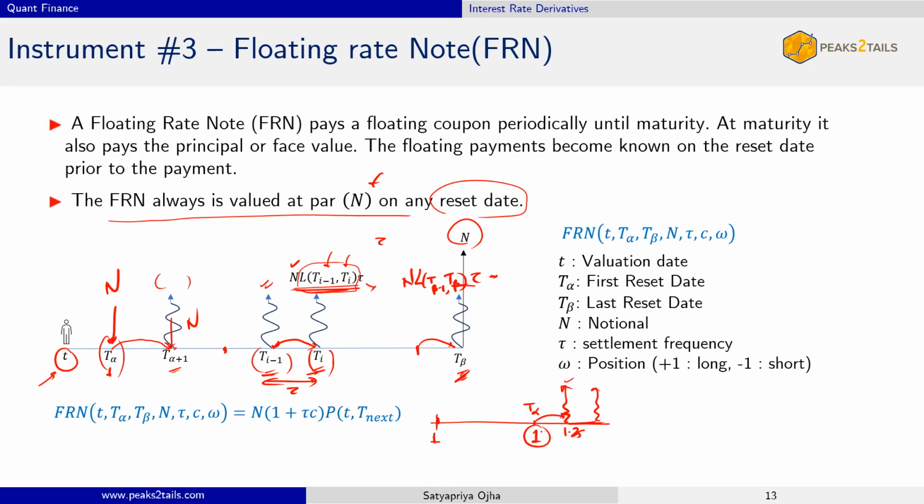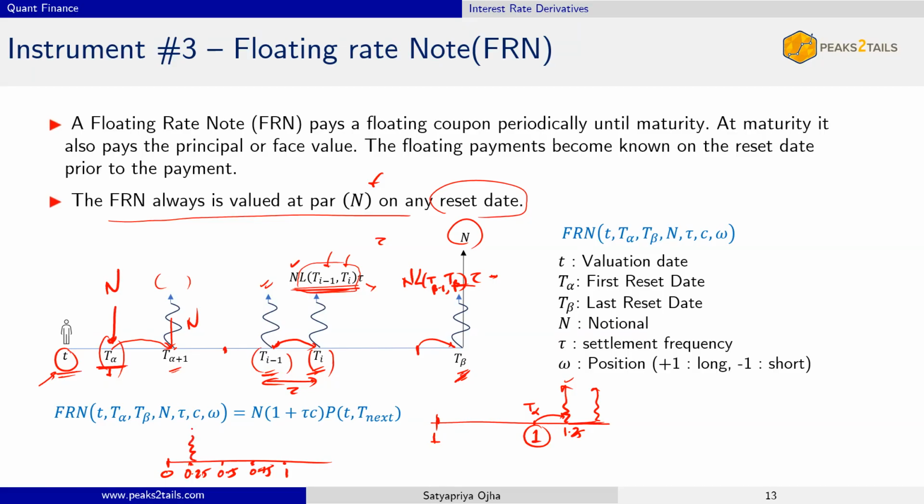But it could start right away also. So T alpha can coincide with T. So it becomes like a spot floating rate note. In that case, the first payment would be known at T. So for example, the floating rate bond today is here. So this is 0. Forget about small t. 0.25, 0.5, 0.75, 1.